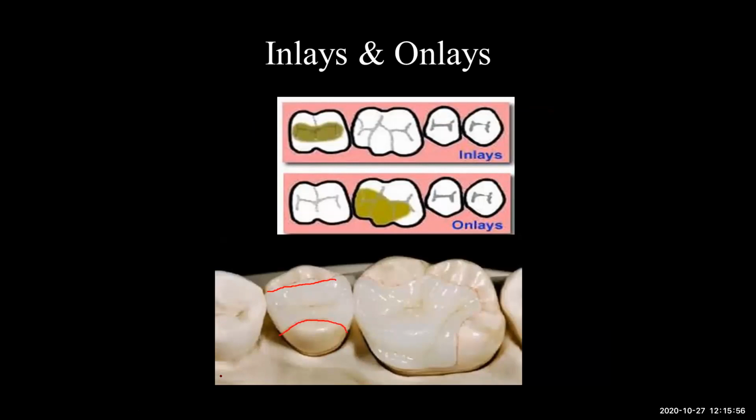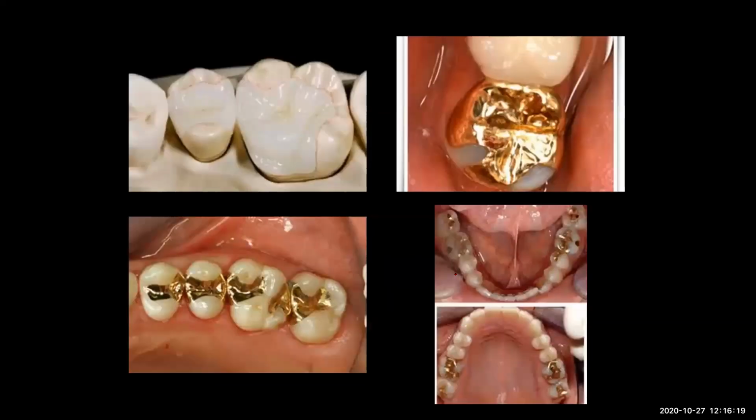It's an MOD restoration, but it's a lab fabricated restoration versus this is a porcelain onlay, because this is the cusp tip. Inlay versus onlay. Again, inlay versus onlay. Did the lab fabricate it? Is it within the tooth or is it replacing the cusp of a tooth?